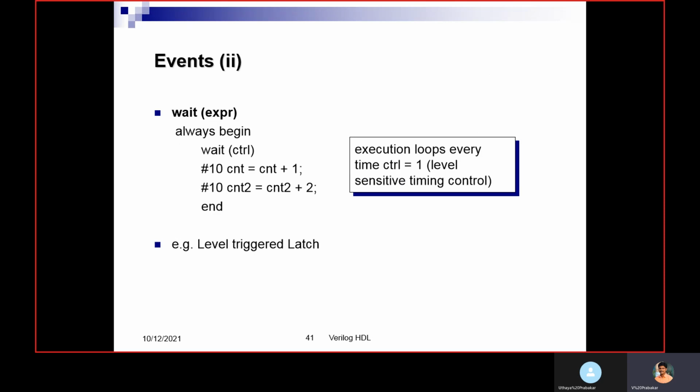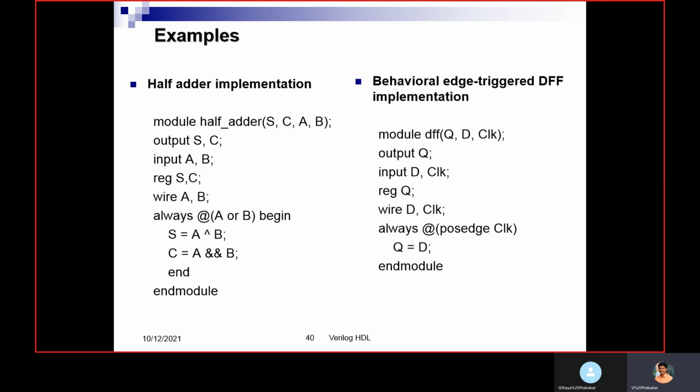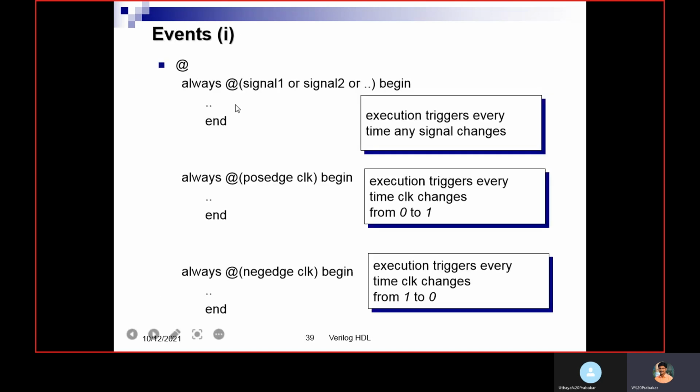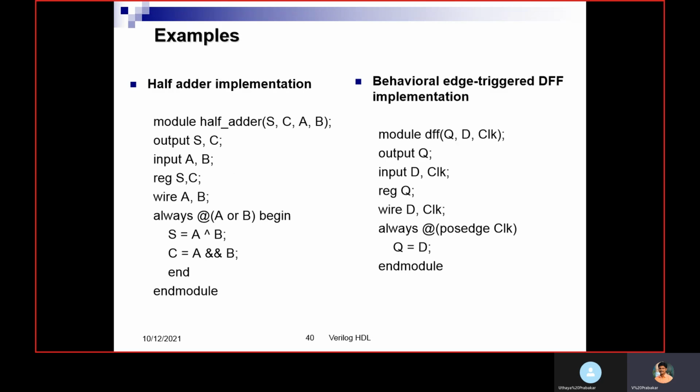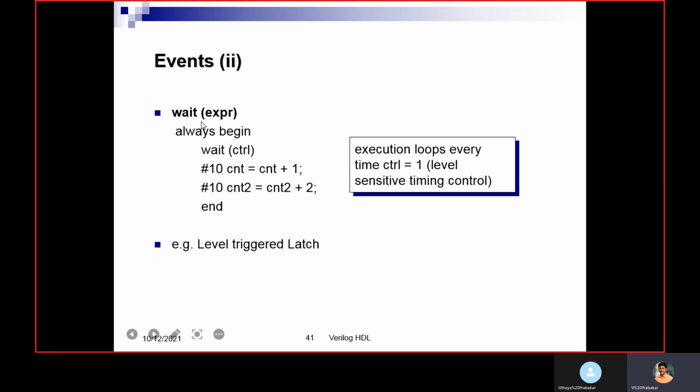Then even we can control this always block with the help of events. One is @. @ is used to sense the edge changes from 0 to 1 or 1 to 0. Another one is wait. It is used to sense the level of the given expression or signal. Always begin, wait control. Within this we are writing two statements, then wait.